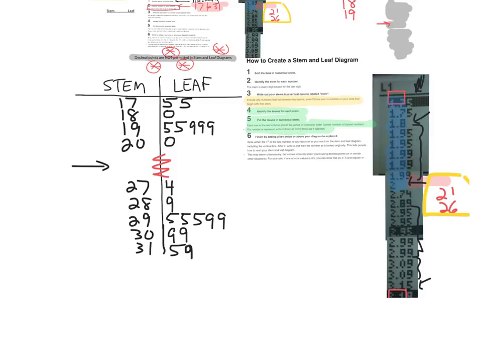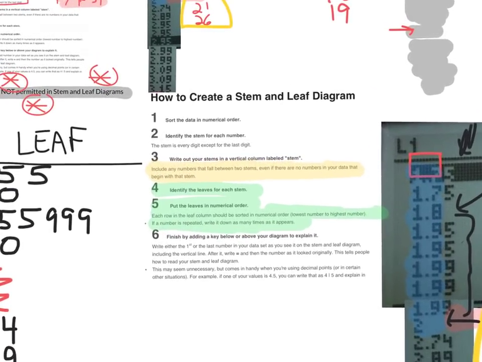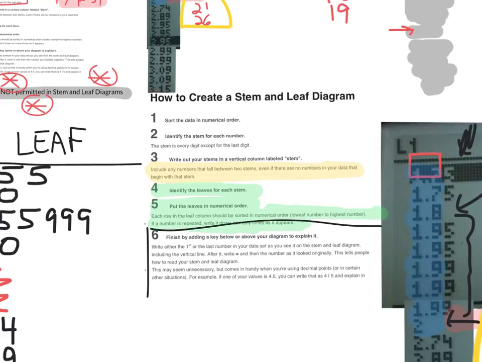The last step, which is probably the most important step, you have to finish by adding a key to make sure that the reader understands what the stem and leaf diagram means. What you're going to do is write either the first or last number in your data set for the key. So let me give you an example.